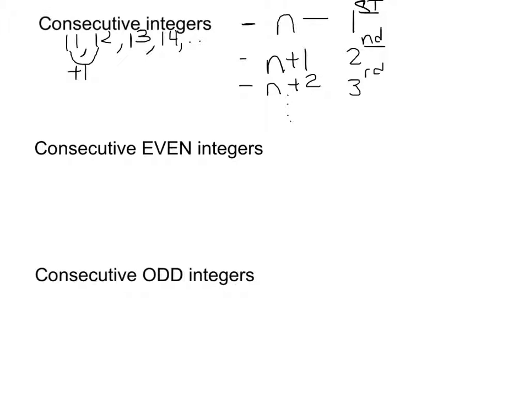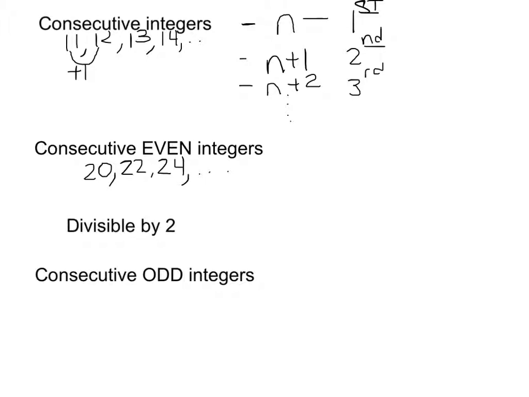Well, evens are a little bit different. If I want to look at consecutive even integers, I might be looking at 20, 22, 24, and so on and so forth. Well, here's the thing. How do I know that a number is even? First of all, we know that every single even number is divisible by 2.